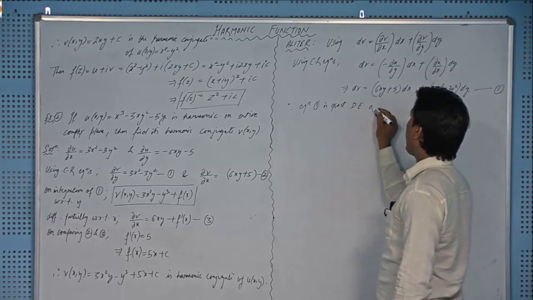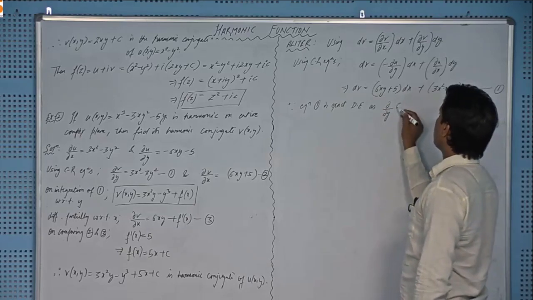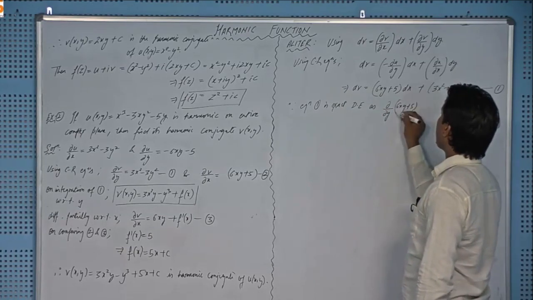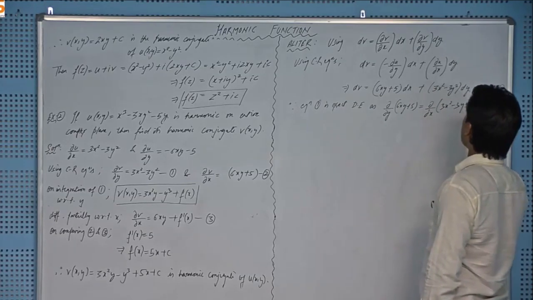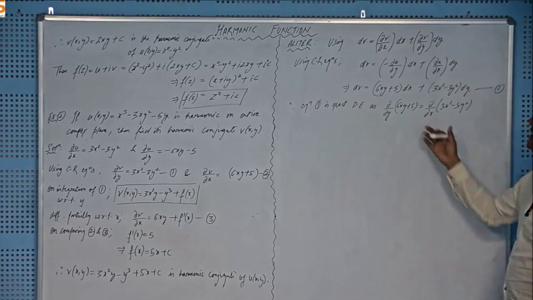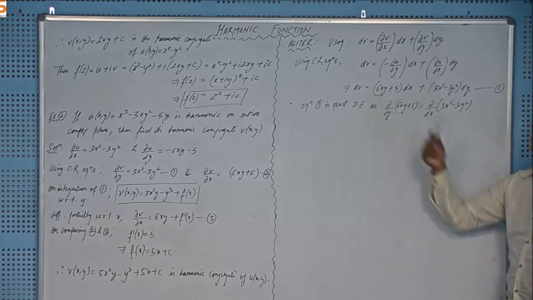As you can see, del over del y of 6xy plus 5 is actually equal to del over del x of 3x square minus 3y square, right? This is the condition for exactness of a differential equation of the form m dx plus n dy equal to 0.